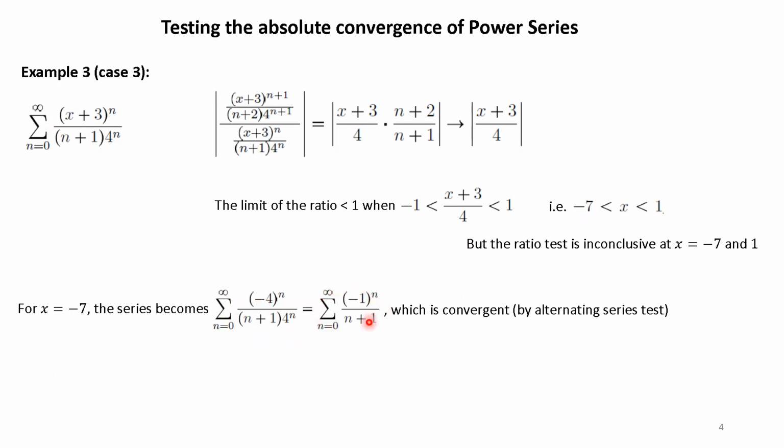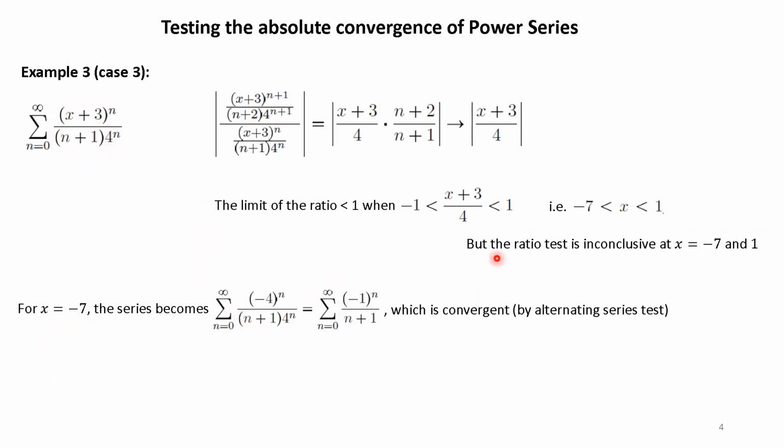This is actually the alternating harmonic series again, so you know that this is convergent. So at x equals -7, this series is also convergent.